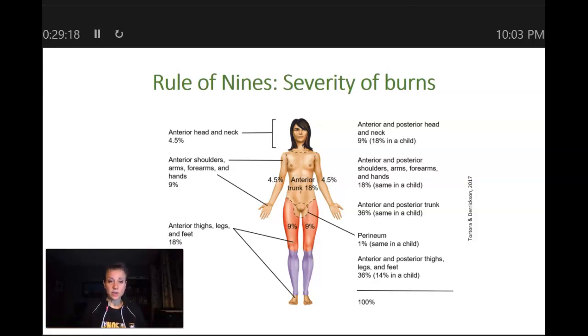The anterior portion of the trunk of the torso is 18%. So even though it's not 9, 18 is still a multiple. So that's why it's called the rule of 9s. And so the anterior trunk is 18%. The posterior trunk is 18%.